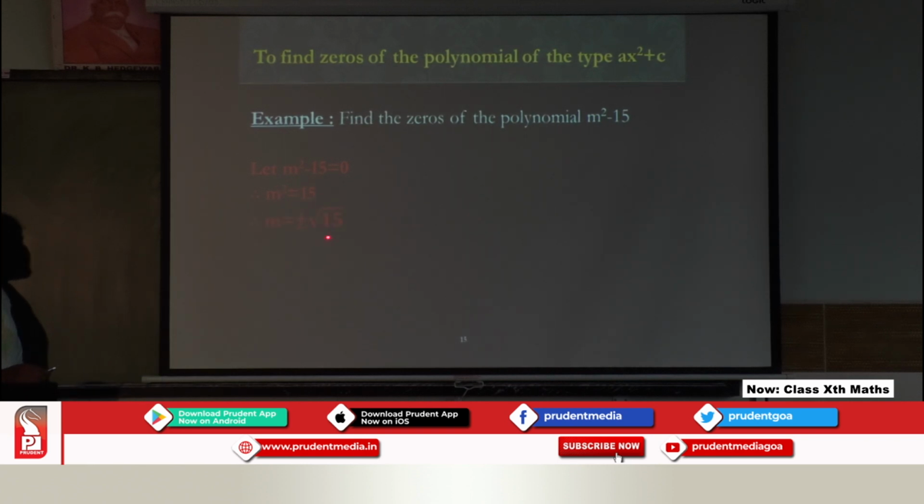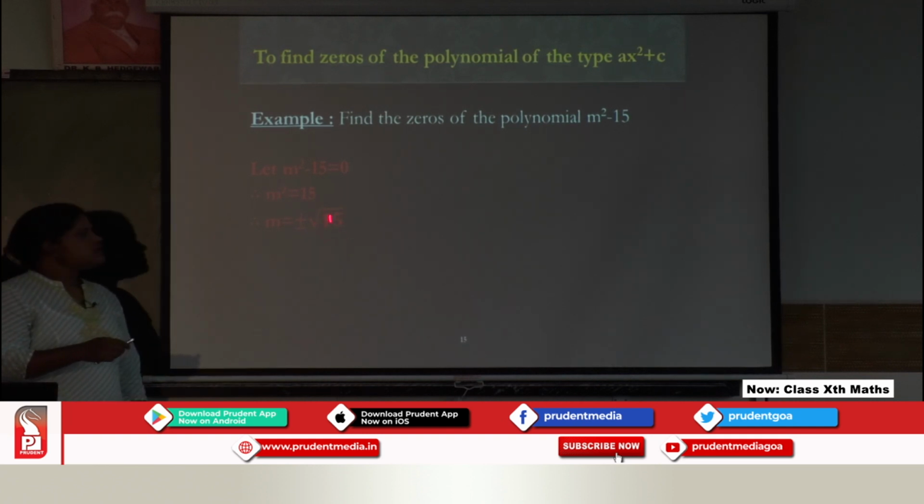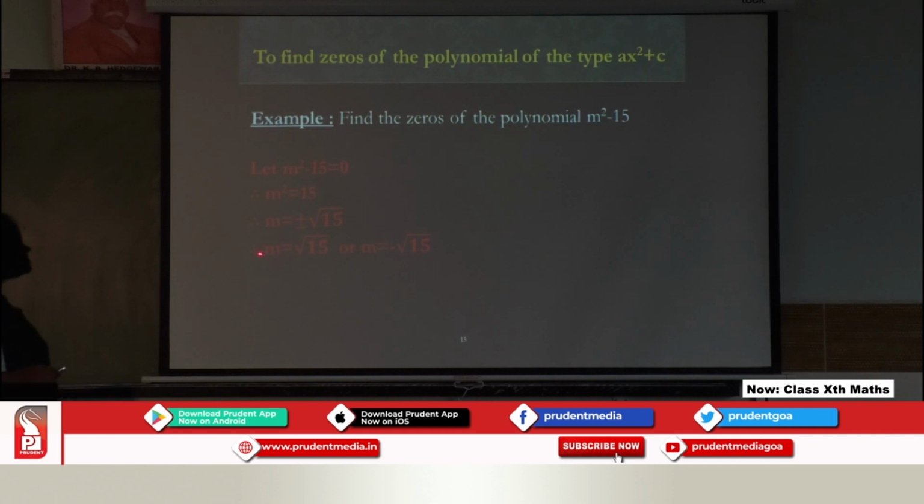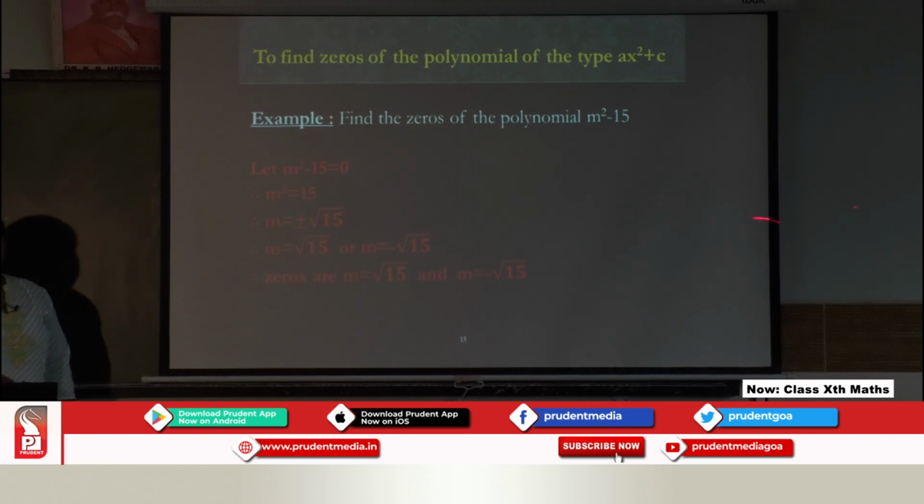Then find the square root, and since root 15 doesn't have any proper square root, it will remain as root 15. Whenever we find a square root, it will always have two answers, one positive, one negative. So m is equal to root 15 or m is equal to minus root 15. So these are the two zeros which I am getting here: root 15 and minus root 15.